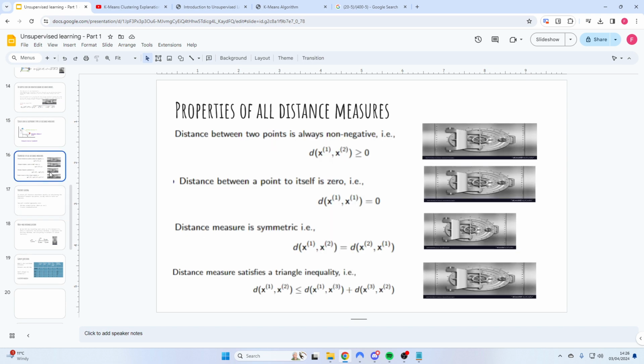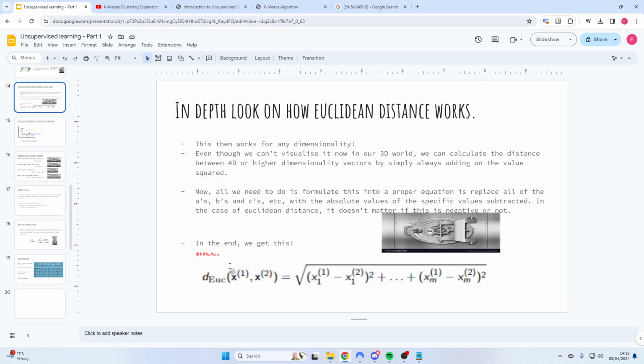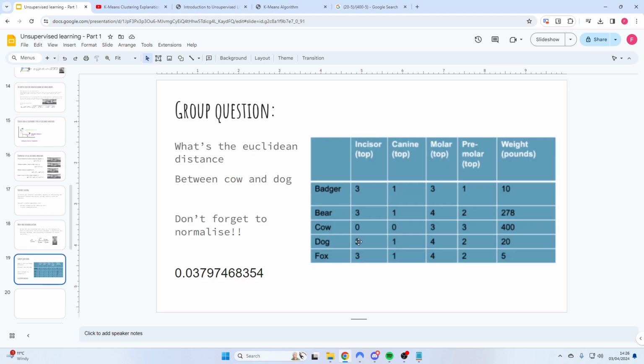So if we look at our equation, we're going to find the difference between each one, square it, and add them all together. But at the end, we can just take the square root. So here, the difference between cow and dog, when it's normalized, was 0 and 1. So 1 squared is just 1. 1 squared again, just 1.